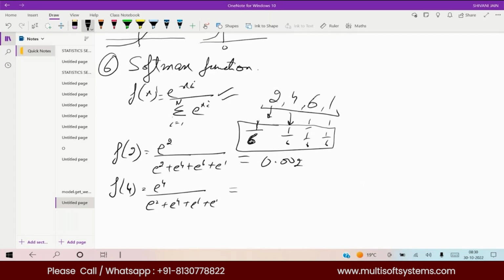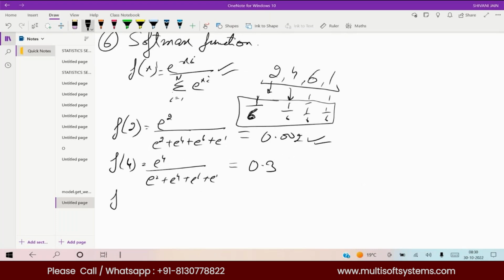This value will always be greater than the previous one because the magnitude of 4 is higher than 2. So I can say 0.3, any value. Similarly, I calculate for 1, which has the minimum value, maybe 0.00001.